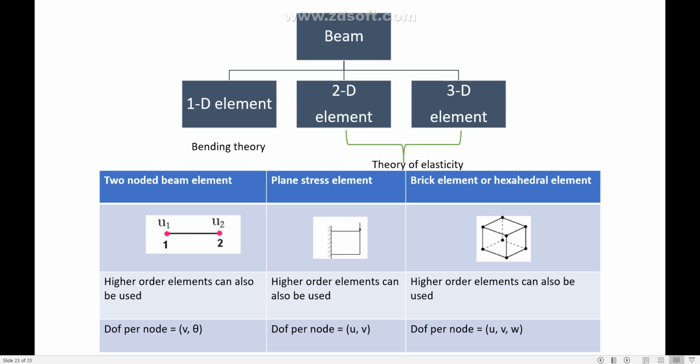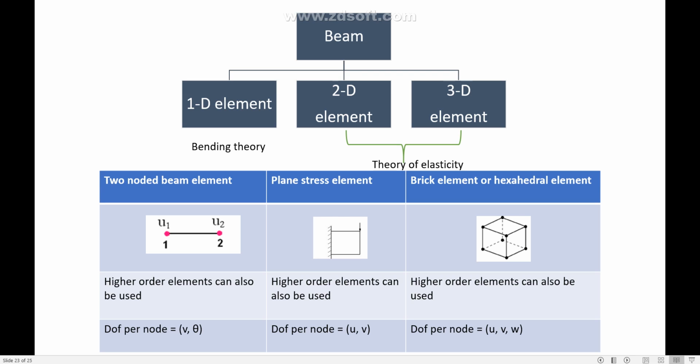For the beam problem, obviously we use the type 1 element. Type 2 element is used if you have any opening in the beam.